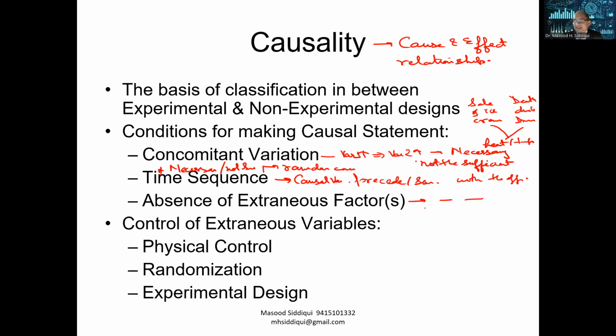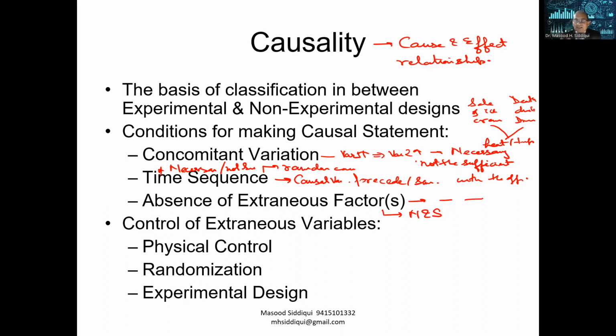Then we can say with both the necessary and sufficient condition that they have a cause and effect relationship. So absence of extraneous factor constitutes both necessary and sufficient condition for establishing causal factor, right?